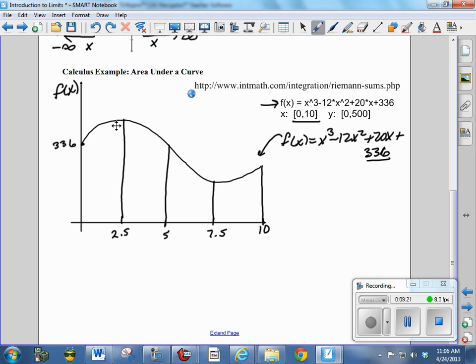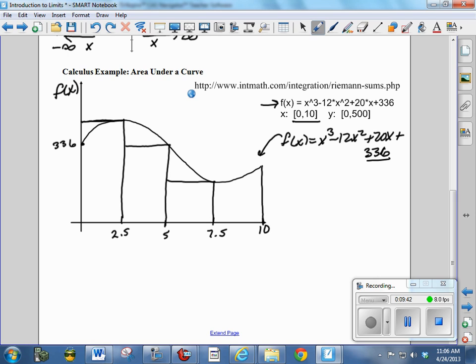But I'm just going to use a right-hand rectangle right now, and I'll show you that whichever one you use, you're going to get some error. So I'm going to draw a rectangle going from the right-hand side of this function, of this height, the right-hand side of this rectangle, and the right-hand side of this one.